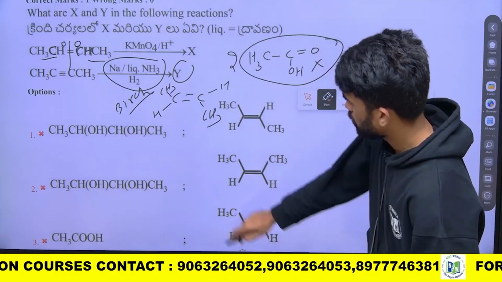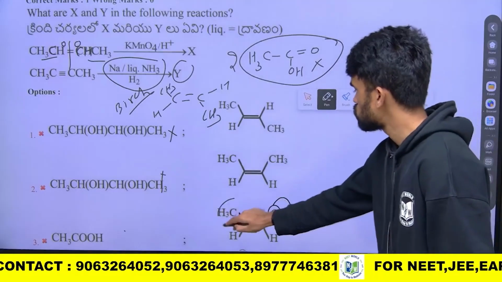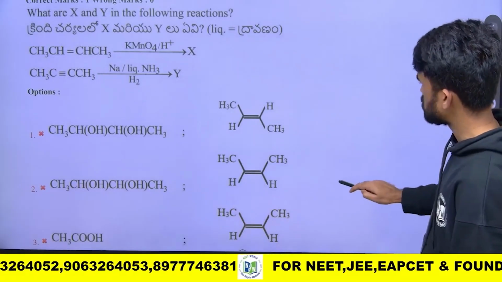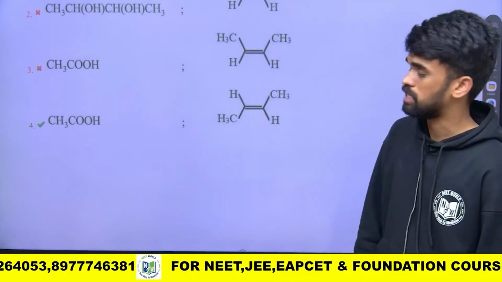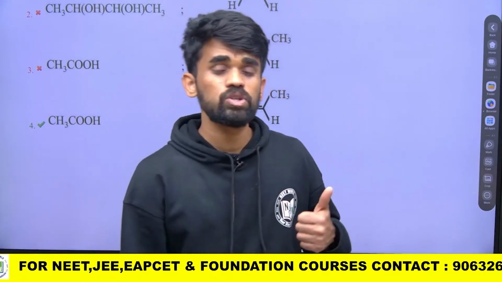I think we do not have it here. So this is correct, but this is cis alkene, so this is not the correct one. So it means option number 4 might be the answer. Let us look into it. Yes, acetic acid we have, trans alkene we have. That's it. So trans alkene is the product formed in the Birch reduction. Okay. So in order to get cis alkenes, we should use Lindlar's catalyst. Okay, Pd BaSO4 H2.